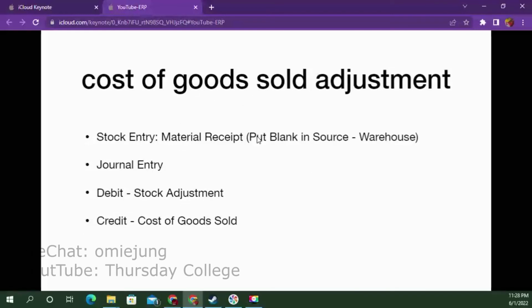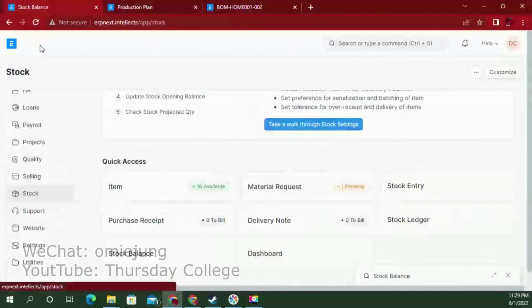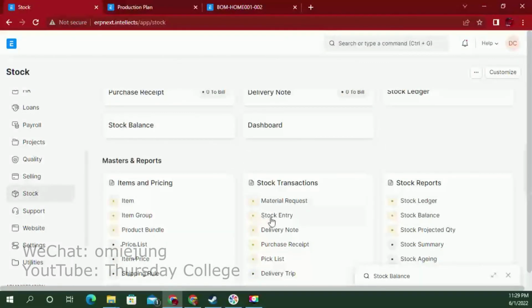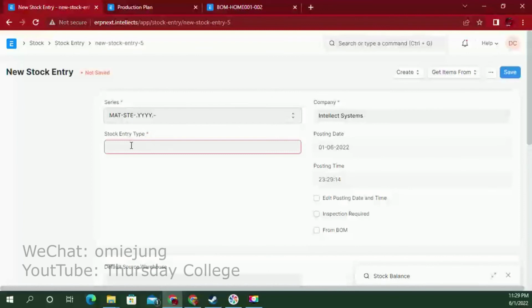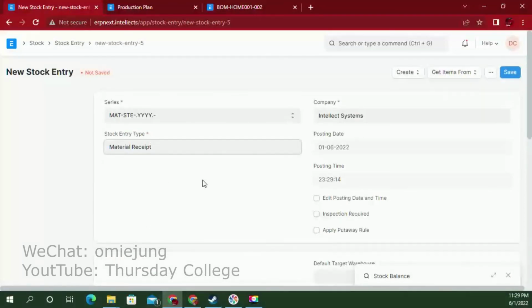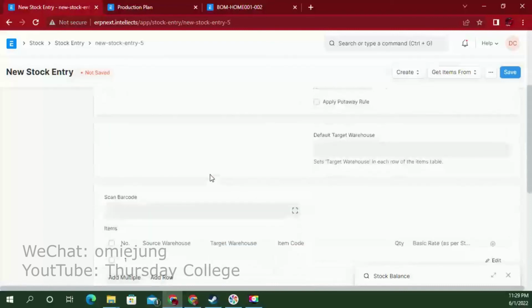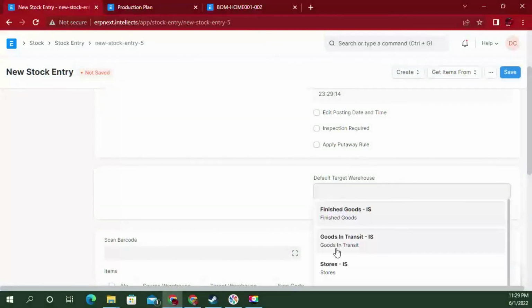When you need to do the adjustment, you need to do it 2 times. First, you need to bring that adhesive tape back. So I go to the stock, and this time it is the stock entry. In the stock entry I go to the material receipt, which means we receive the material from someone, but at this moment we put the stock back to the store.